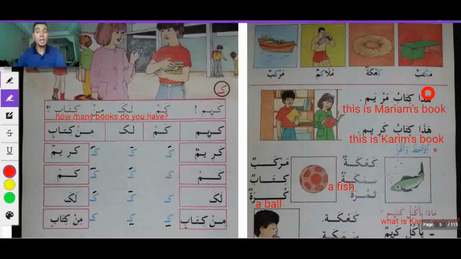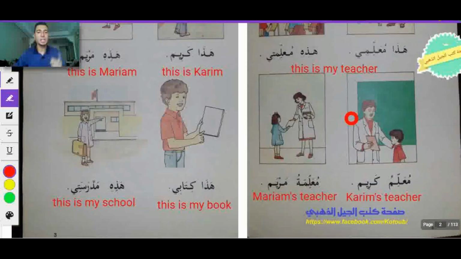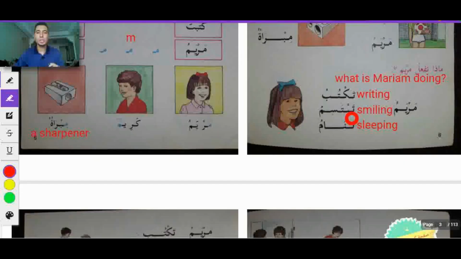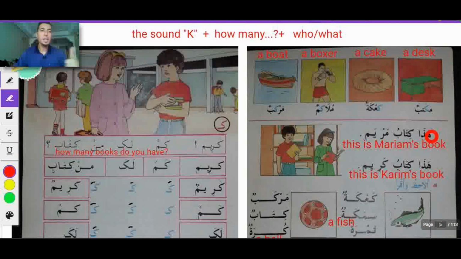Both are the same as this, demonstrative adjectives, and we've said that for male words we say هذا in Arabic, and for female words or things or human beings we say هذه, and they are both for singular.